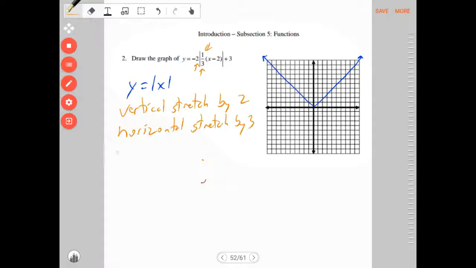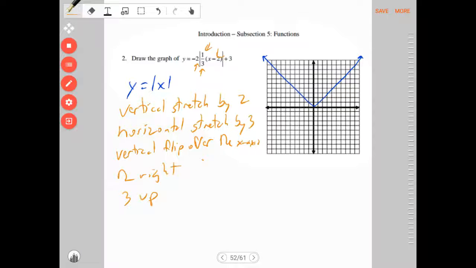Oh, we've got a negative, so that is a vertical flip over the x-axis. Okay, and then we're going 2 right and 3 up. Wow, that's a lot to do here. Okay, so step by step.